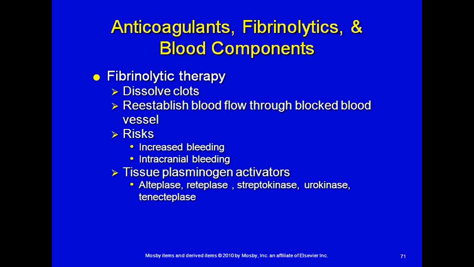Alteplase, or TPA as it's more commonly called, you give 15% of the bolus initially, and then you run the rest over an hour, and then you've got to flush the tubing, so it's more complicated to give, and neither one is really better than the other. So most people use tenecteplase just because of the ease of how to administer it.